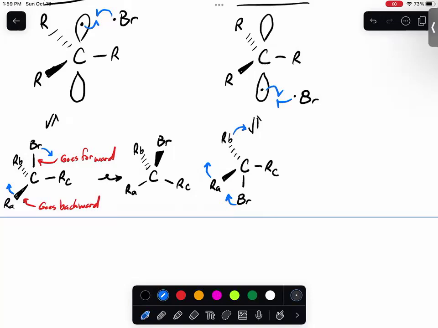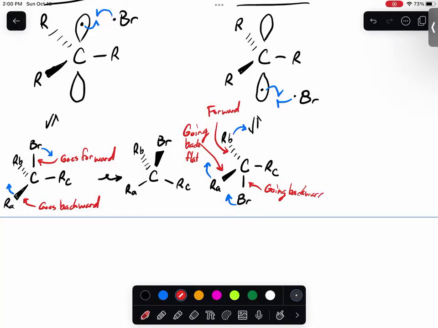All right. So this guy is going back to becoming flat. RB is going forward, and BR is going backward.